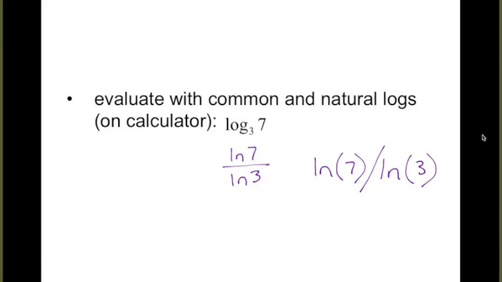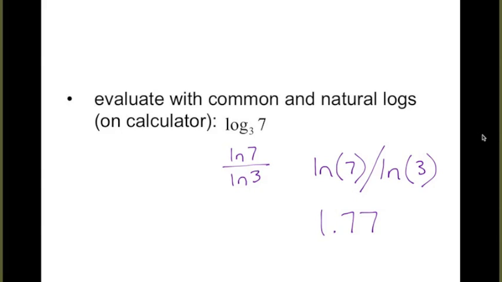The second set of parentheses is not as crucial, but closing off after that 7 is very crucial. Okay, you will get a wrong answer there, or sometimes even an error message. And it doesn't matter whether you use your log button or your ln button, just use the same button both times.